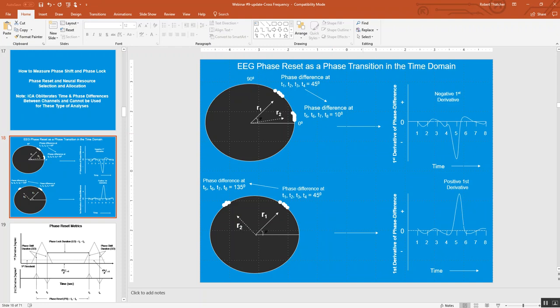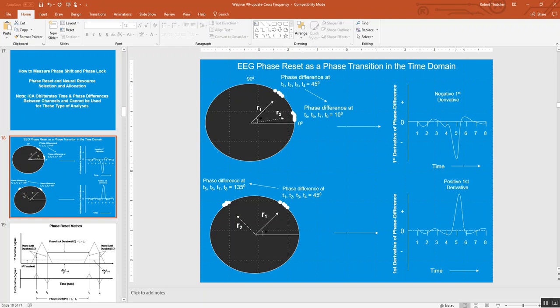But we can evaluate the phase shift by calculating the first derivative of the time series. So the first derivative is a measure of change. And so you can see here that time points 1, 2, 3, and 4 have very little change. So the first derivative is close to 0. Now suddenly there's a shift. That means there's a change in the phase difference.